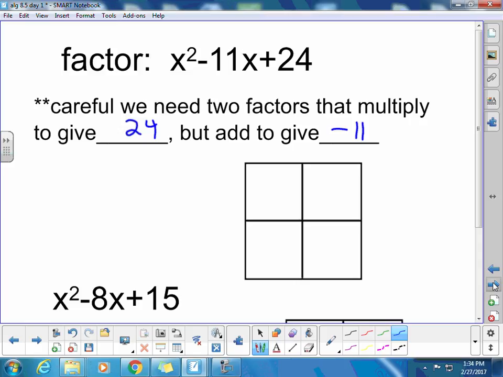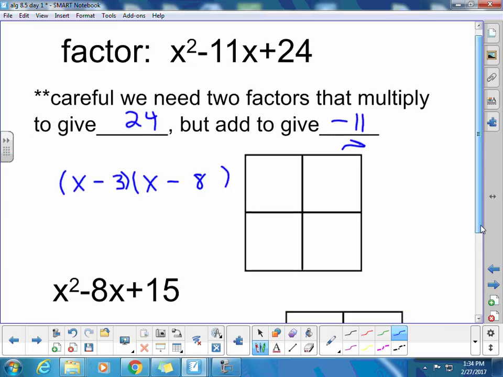But again, if two things multiply together and give me a positive number, I know they either both have to be positive or they both have to be negative. And in this case, they add up to negative 11, so they're both going to be negative. I already had 11 on the last one. It was 3 and 8. So this is just going to be x minus 3 and x minus 8 instead of plus.